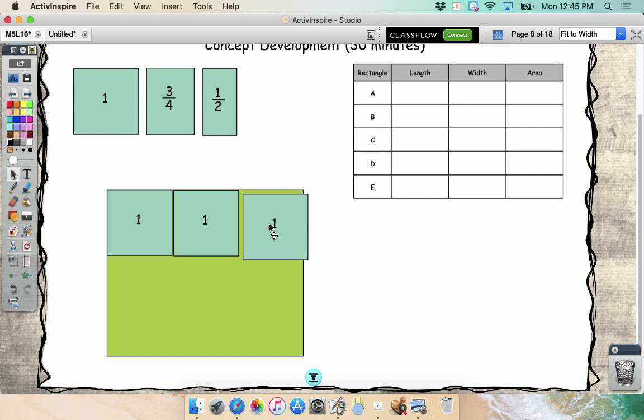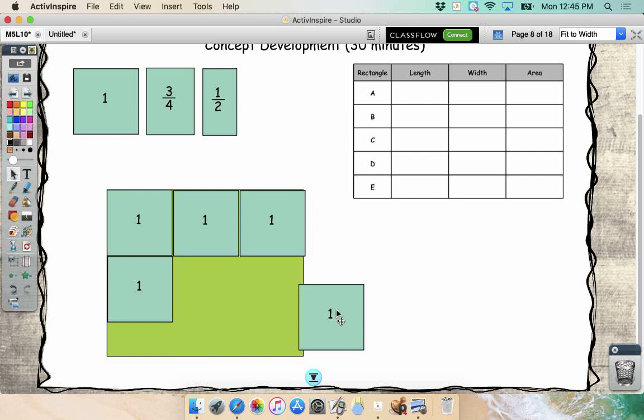What do you think my total's going to be? 9? Wait. If I drag that down, is that too big? I think it's going to be six. Well, a 6 and a half.